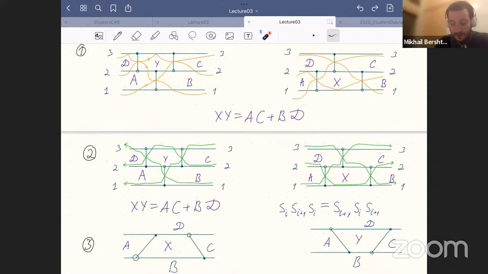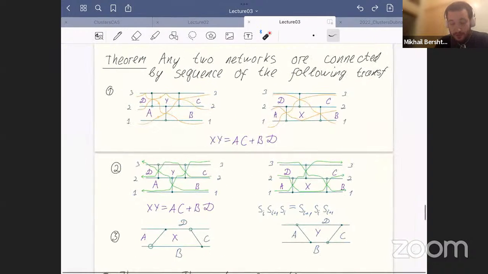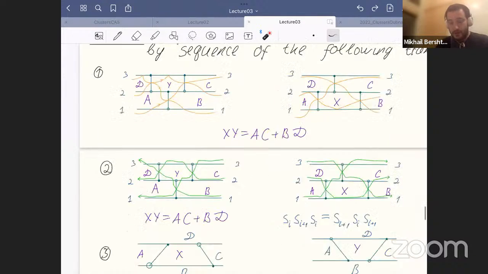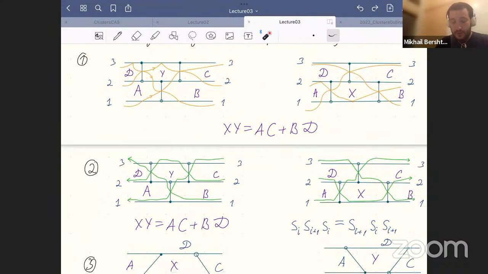I will say about this also next time, but what is the meaning of this theorem about transformations? To each edge we assign either Si or Si bar, and therefore we have a certain word in terms of these S's.